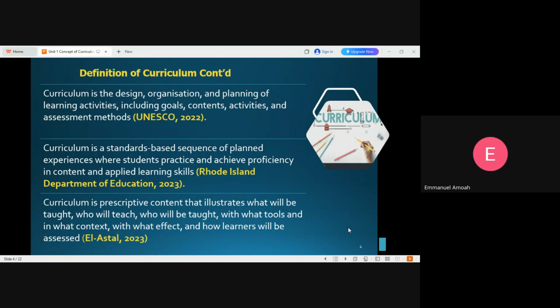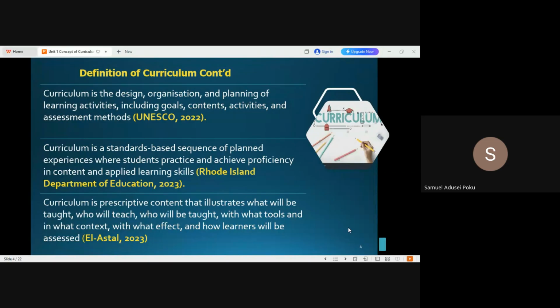They can meet and prepare a syllabus. But the curriculum, since it's a national document, is prepared by the ministry with help from NACA and other institutions.